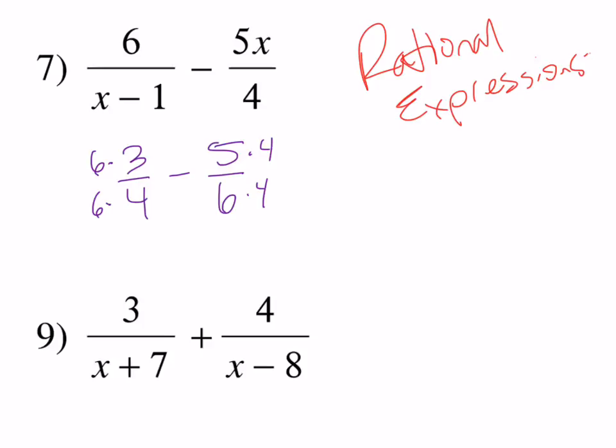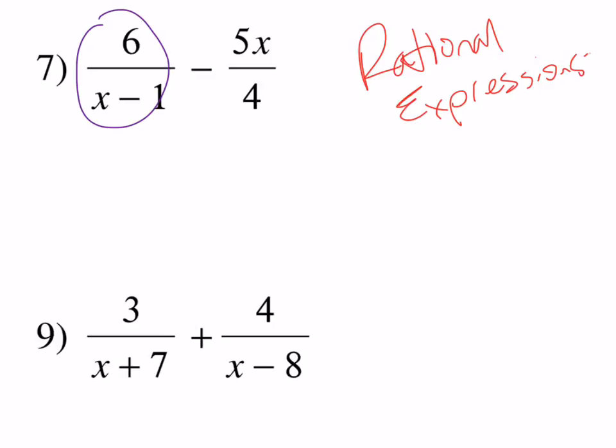So, same thing goes with rational expressions. So we need to get a common denominator. And the easiest way to go about it is, okay, in this first fraction here, 6 over x minus 1, and in the second expression, 5x over 4, my denominators are different, right? And I need them to be the same so I can subtract them.